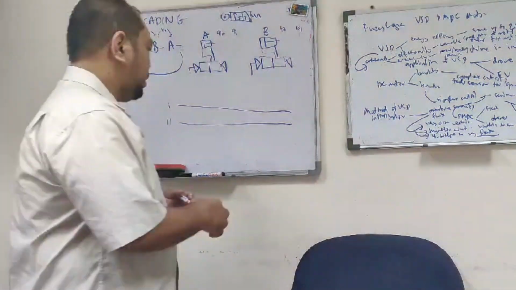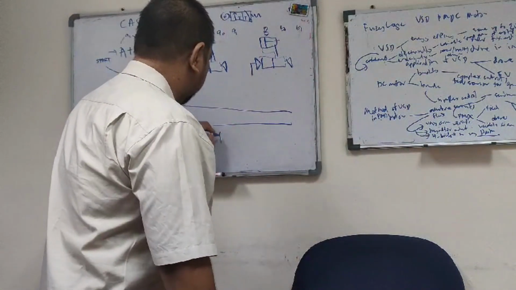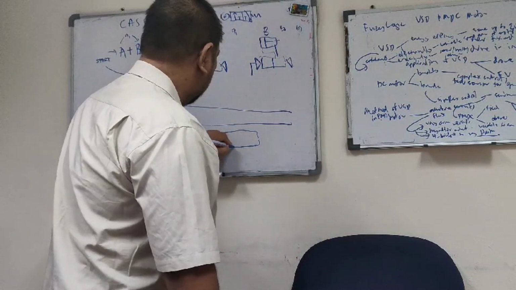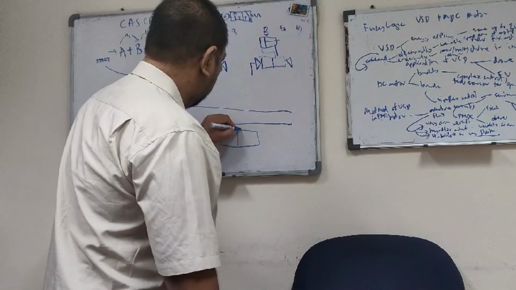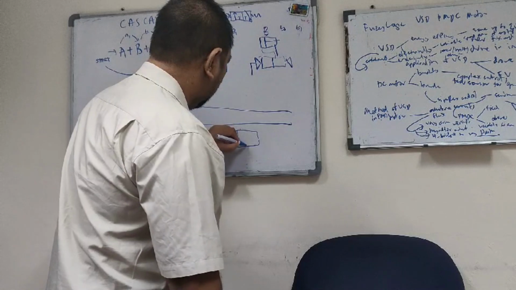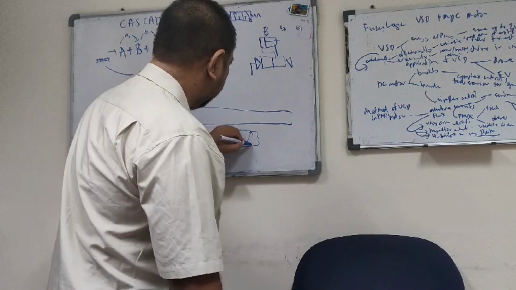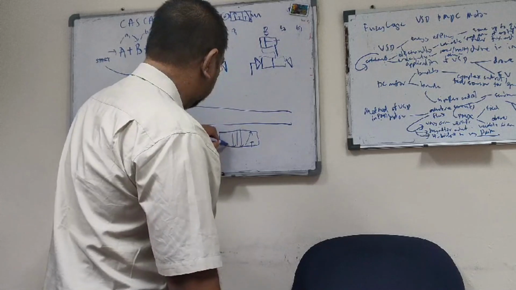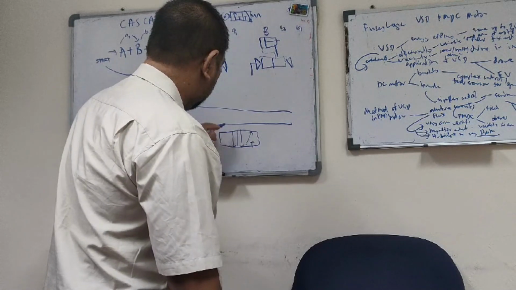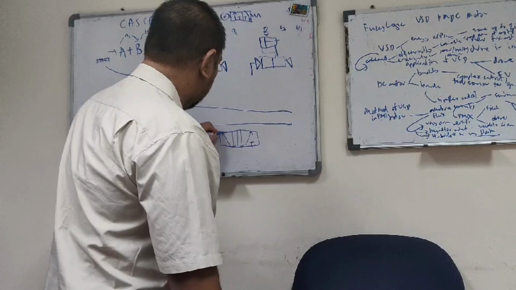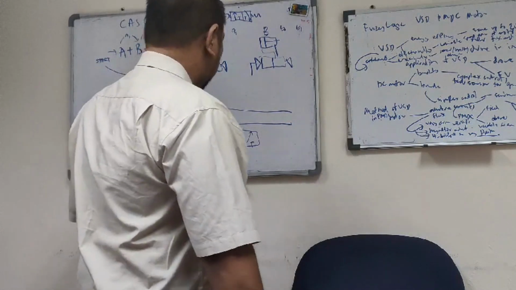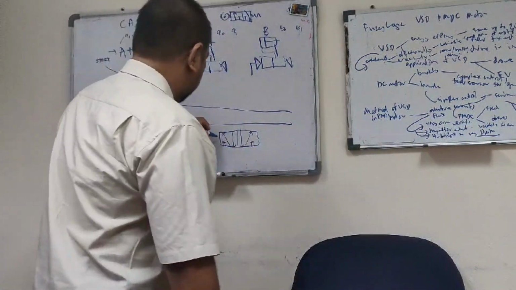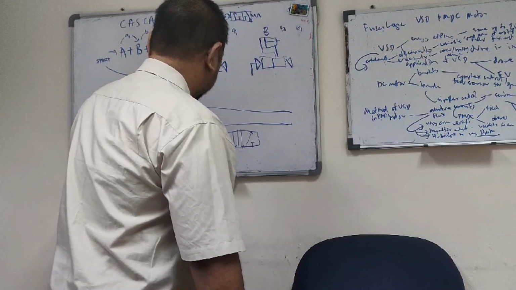Then we have a group changing valve. The group changing valve is usually a 5-2 way, and it is also a double pilot.